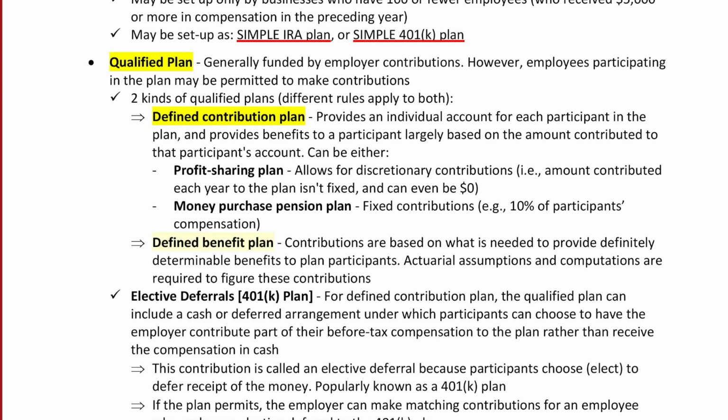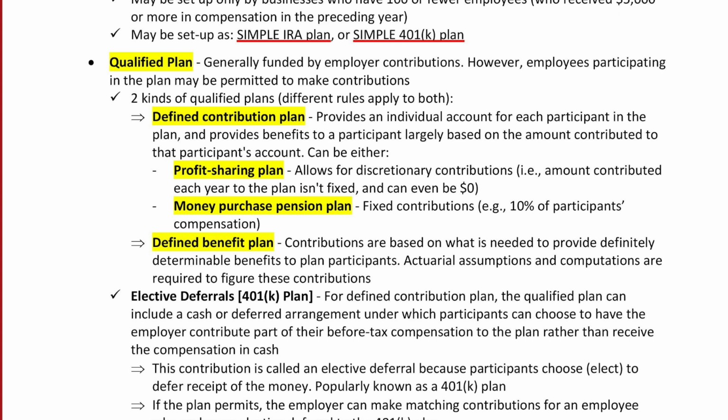Next, highlight defined benefit plan, where the employer defines the benefit that each employee would receive after retirement. The first one, the defined contribution plan, could be either a profit sharing plan, which allows for discretionary contributions by the employer, or a money purchase pension plan, where there's a fixed contribution by the employer.